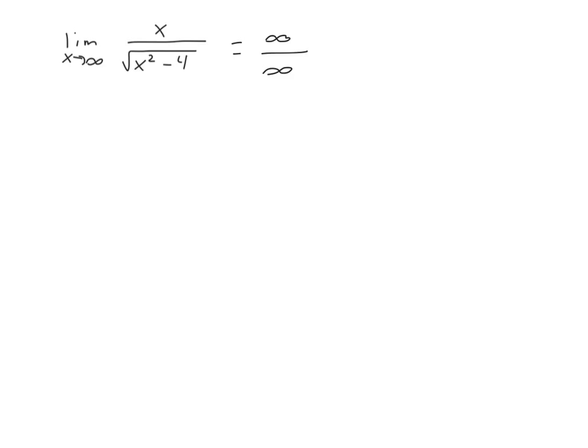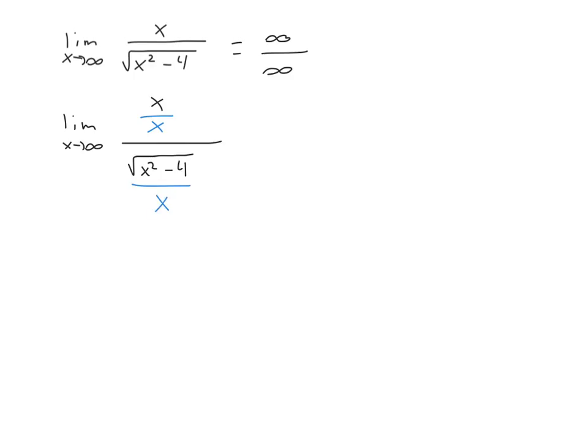When I do that, I get the limit as x goes towards infinity of x divided by x, over the square root of x squared minus 4, divided by x.